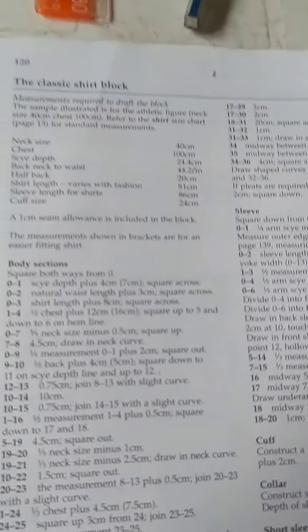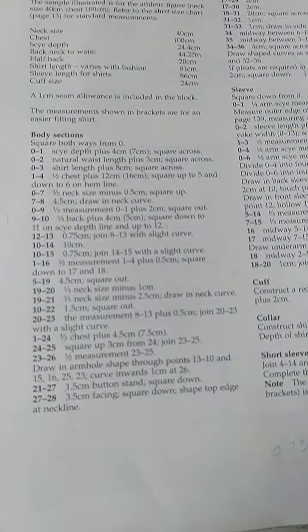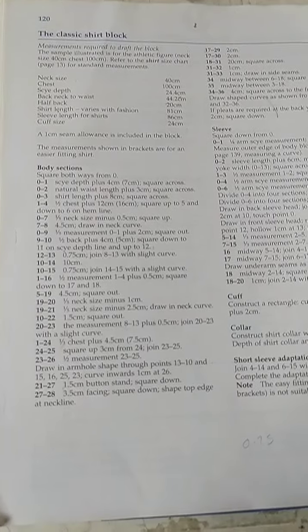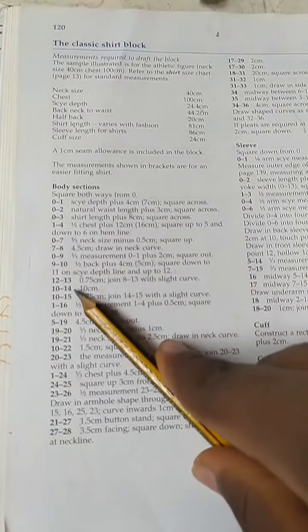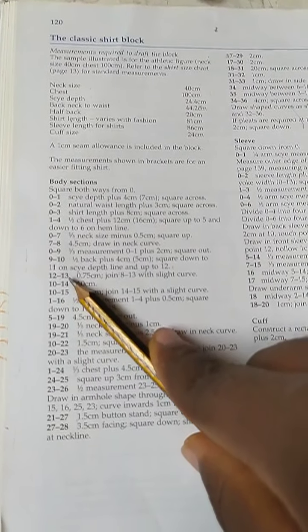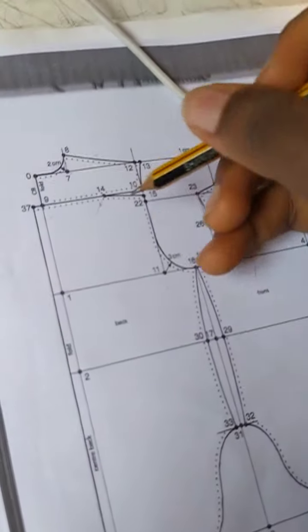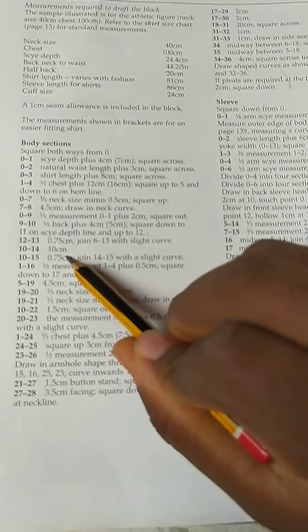Now, the next thing we're going to do is 12 to 13. This is 12 to 13. They said 12 to 13 is 0.75.